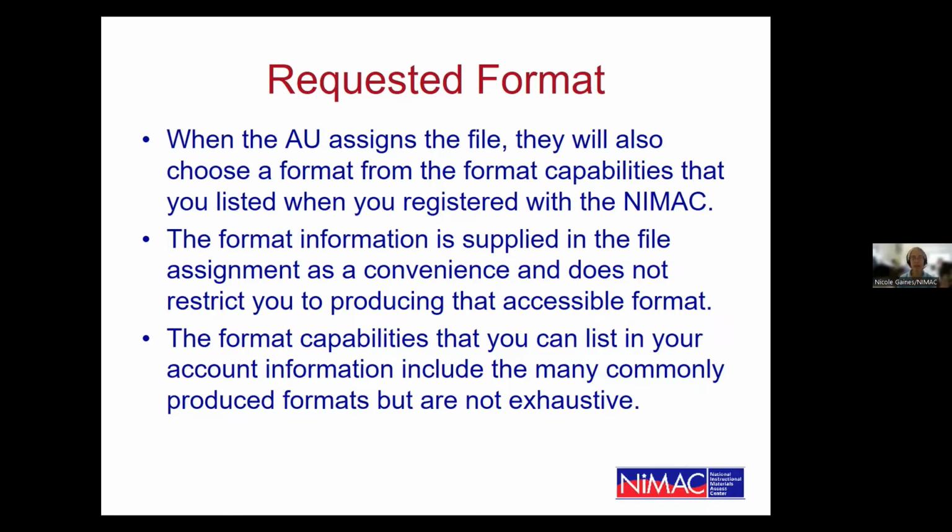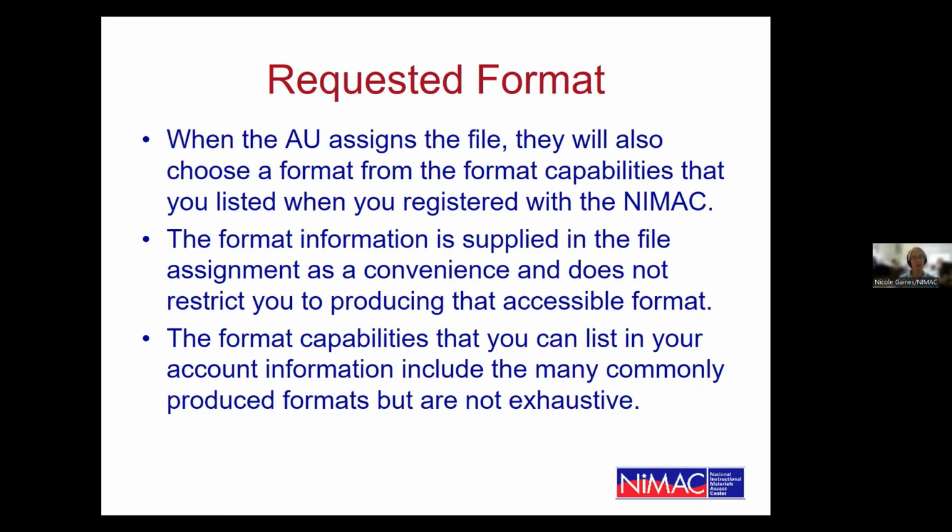The reason for this is that if you are an authorized user and you go in to assign that file, one of the things you can do is see what other organizations have been assigned the file. You won't see this in your AMP account, but an authorized user could.